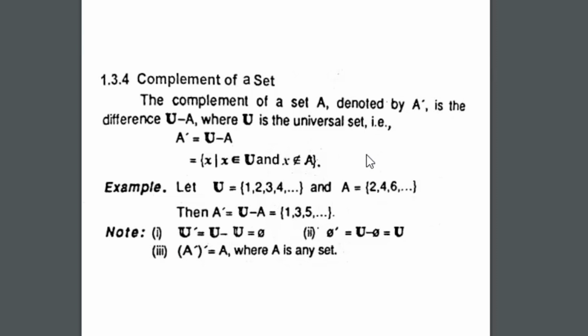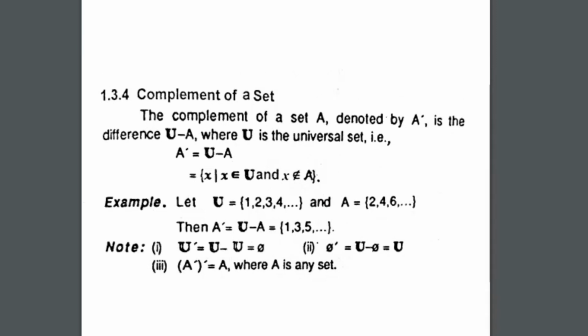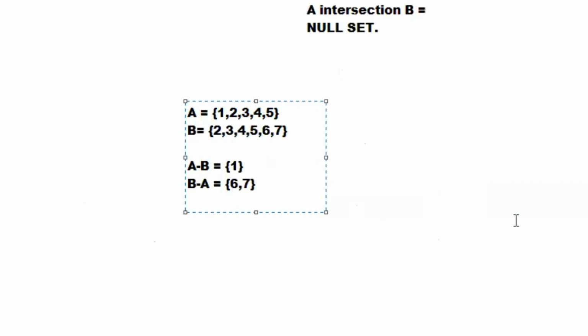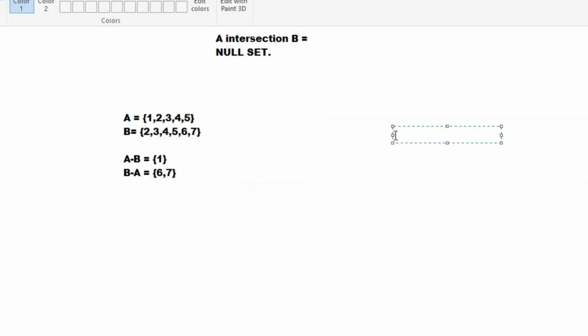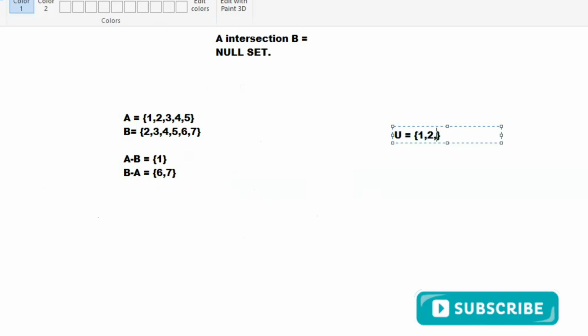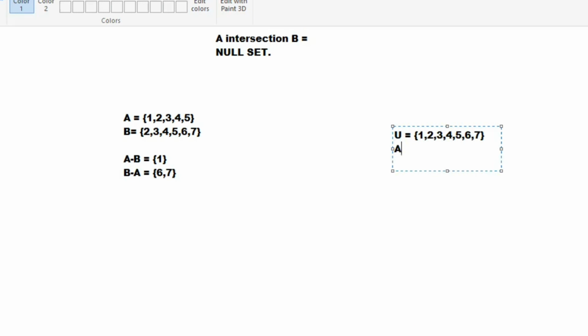So the complement of a set, let's see it by example. Here the universal set is 1, 2, 3, 4, 5, 6, and 7. And we have a given set A equal to {2, 3, 4}.